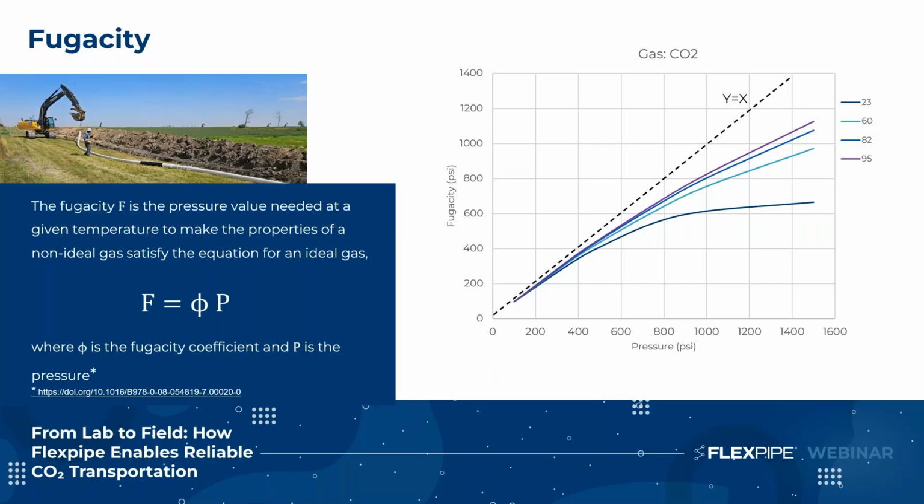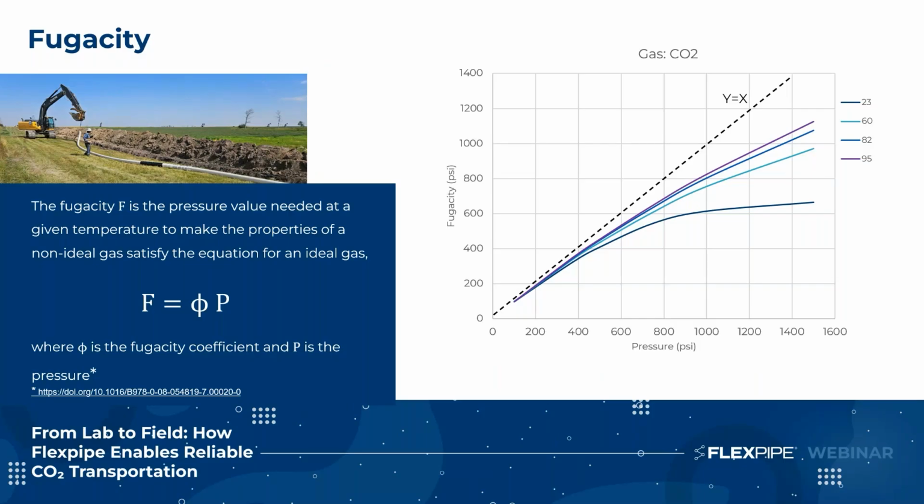The fugacity can be calculated using various sources, such as the NIST reference properties report, or through the relations provided in scientific publications. In this presentation, we showcase the use of the Peng-Robinson equation of state, which is a freely available method and is implemented in an Excel sheet.